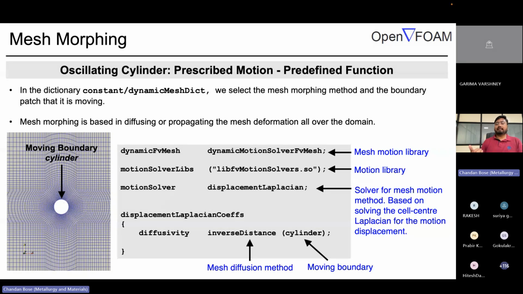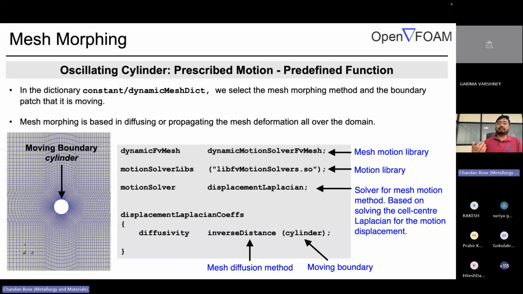And then we need to know what type of solver we need for implementing the mesh motion. Normally, we have to solve a cell center Laplacian for the motion displacement. So we can use different solvers, but one type of motion solver is displacement Laplacian, which incorporates the morphing of the mesh.